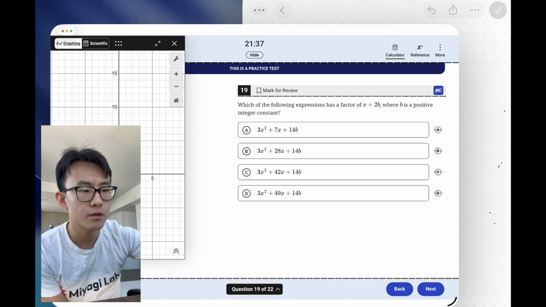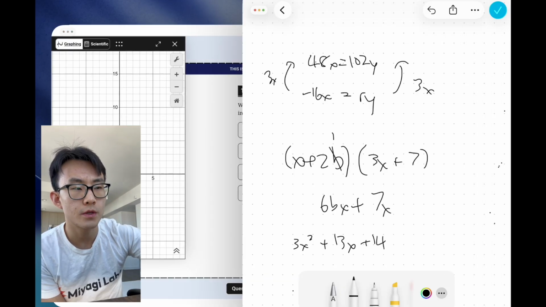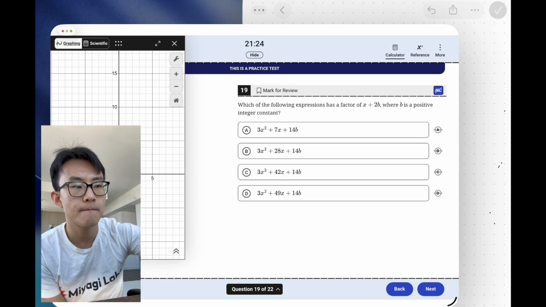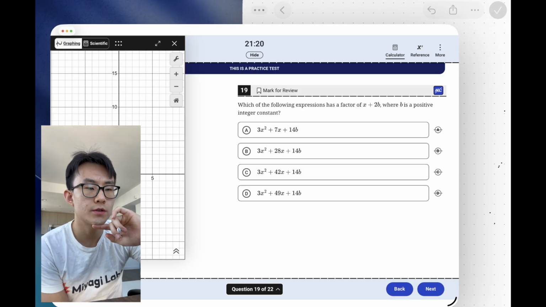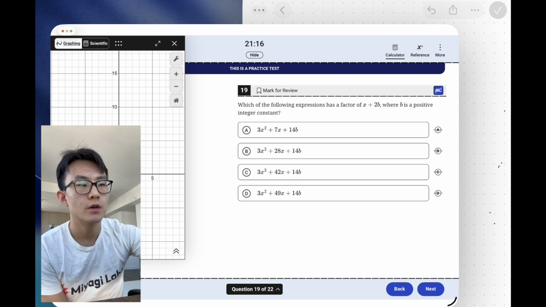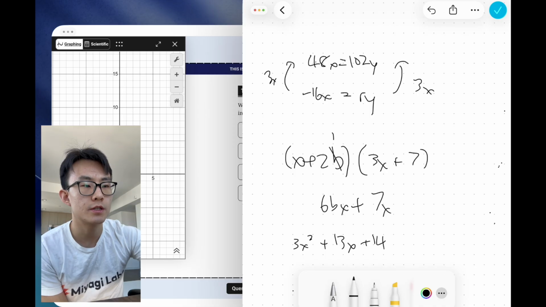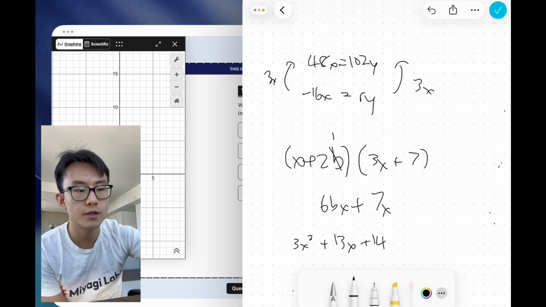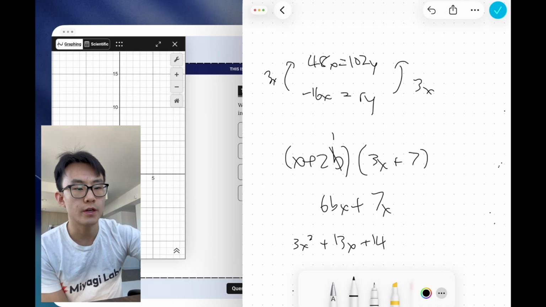I am kind of confused. Doesn't this depend on what the value of b is? B is a positive integer. Like, if x equals 2, then, oh, I see. It just has to be true for some integer? Wait, what? Okay, I see.